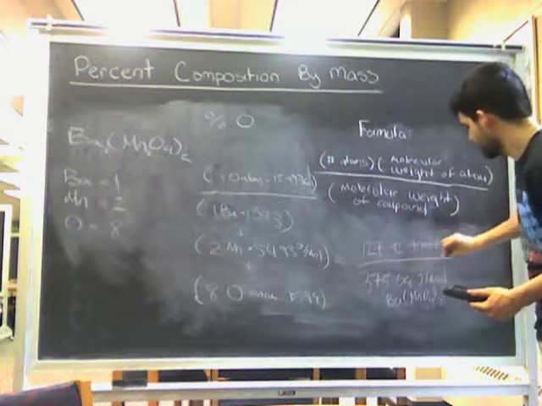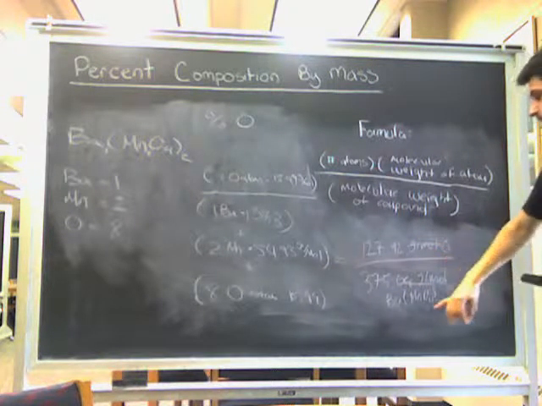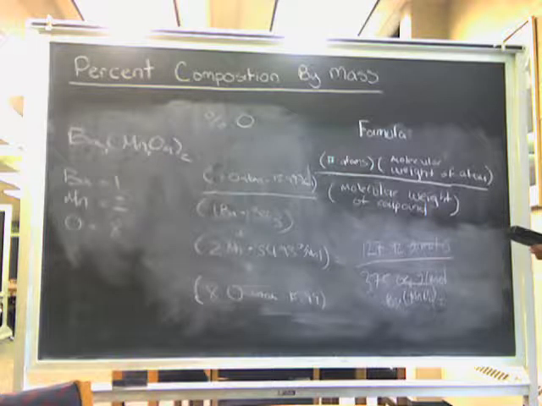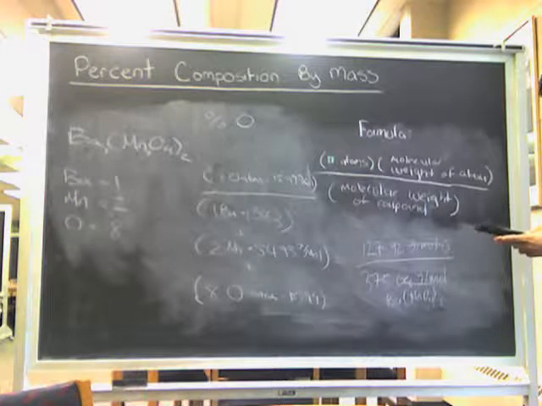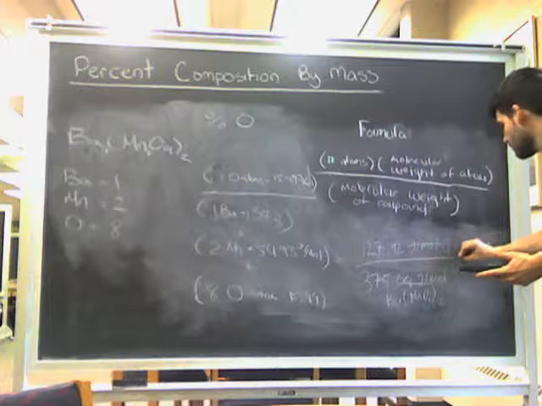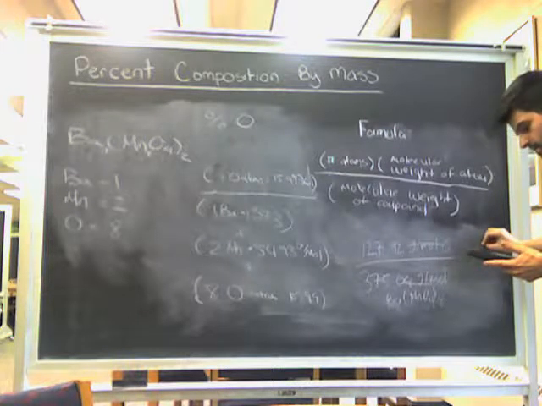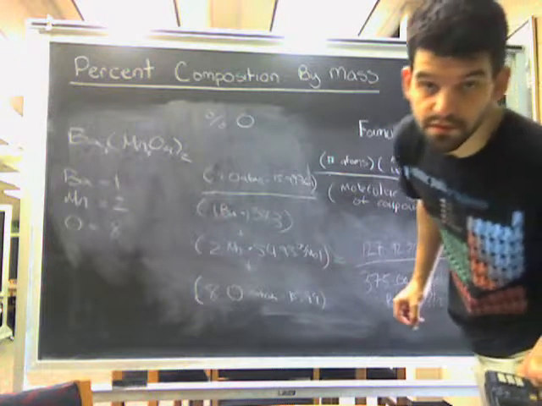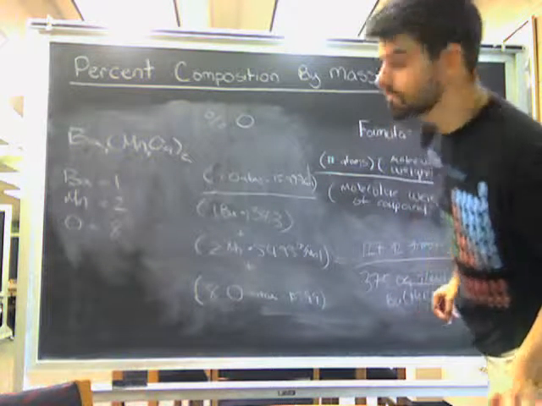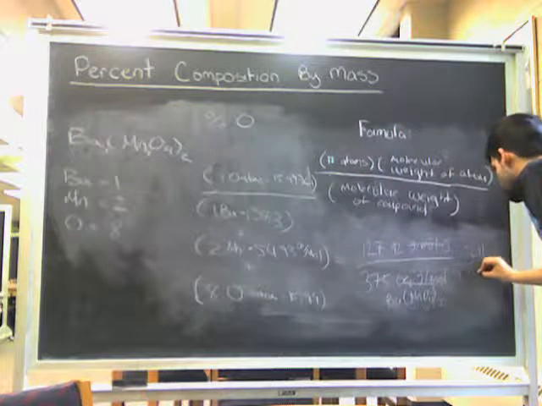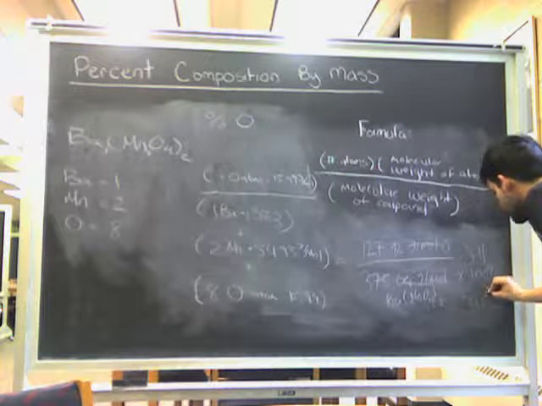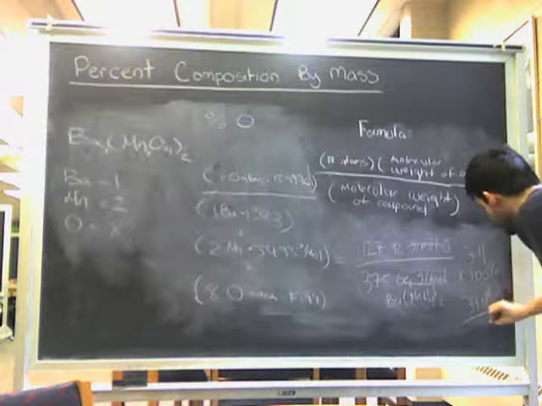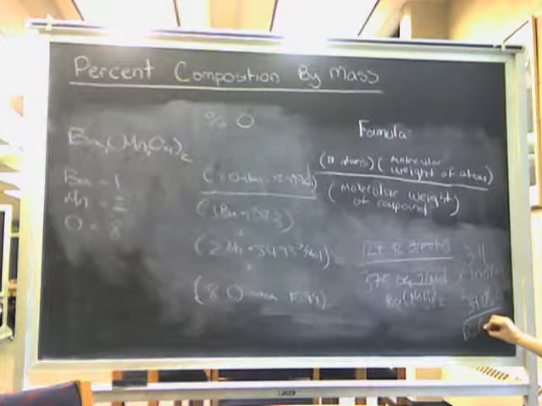Okay, and again, the units will cancel. You'll get the ratio of oxygen per barium permanganate. And when you do this ratio, you get 0.341, and again guys, make sure you multiply it by 100. You get 34.1% oxygen in barium permanganate.